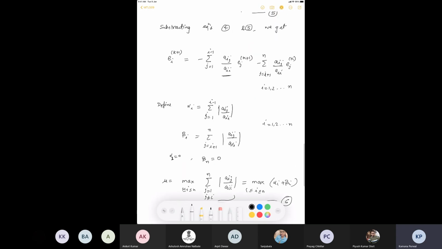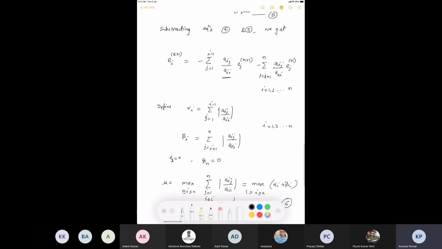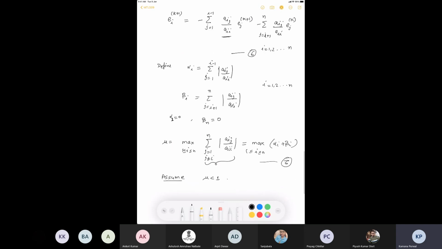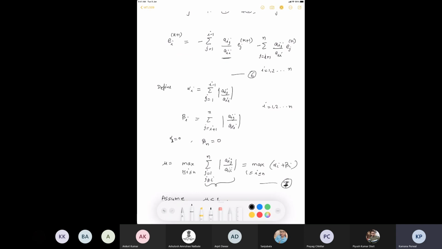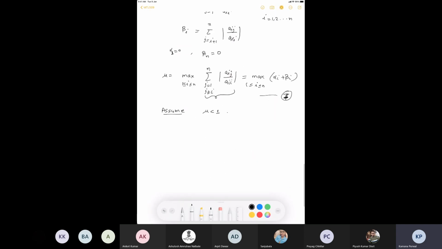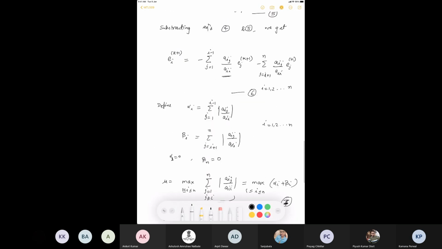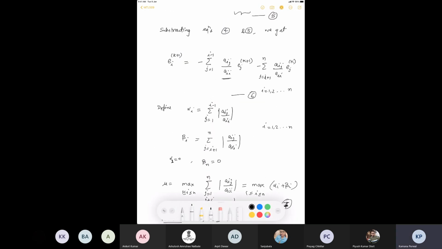Okay. So now let's go back to this error equation. Let's name this as 6 and this as 7. So now let's look at this error equation 6 again. From 6, I'm just going to take the absolute value on both sides.